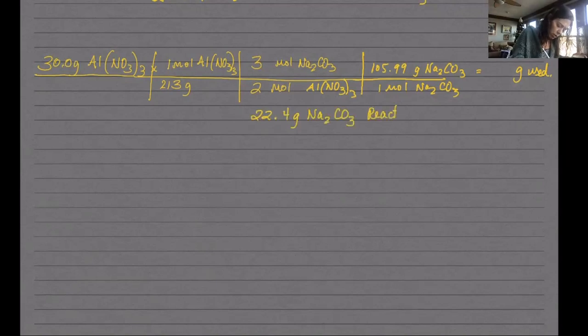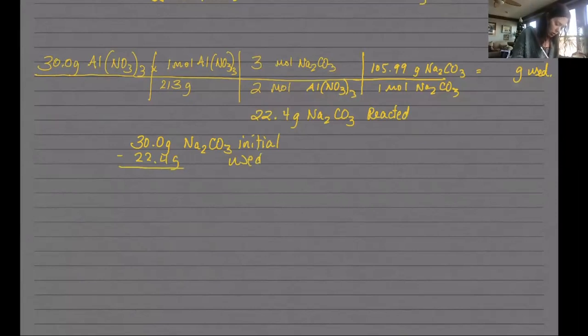We initially had 30 grams of Na2CO3. We just determined that we used 22.4 grams. Therefore, if we subtract, we should get what? 7.6 grams of the sodium carbonate remains.